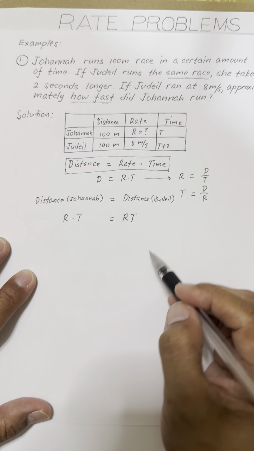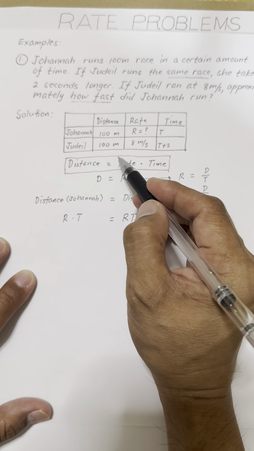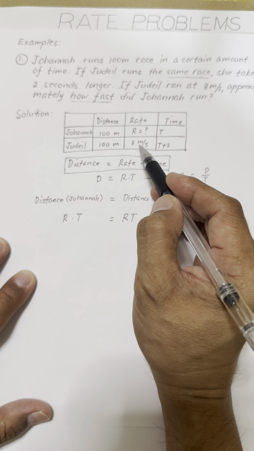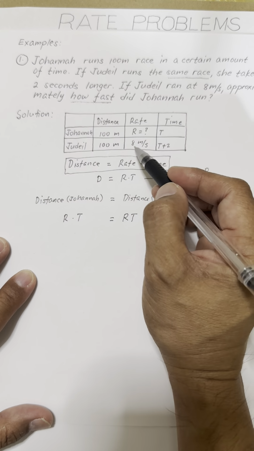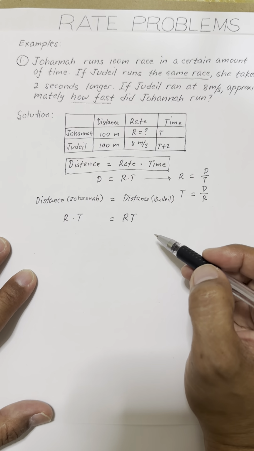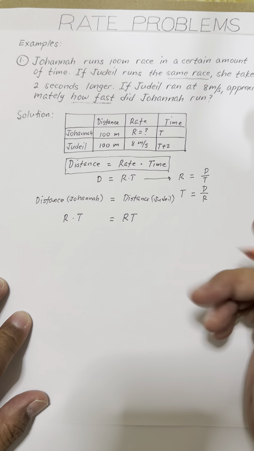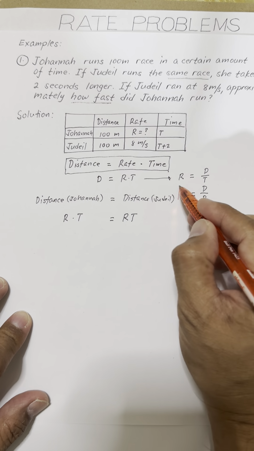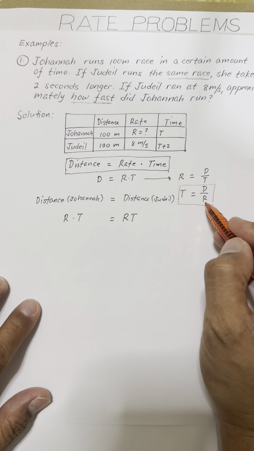But take note, from Judel's part, we are given the distance and the rate, so we can calculate the time. Since we can calculate the time, we can use this formula: time is distance divided by the rate.